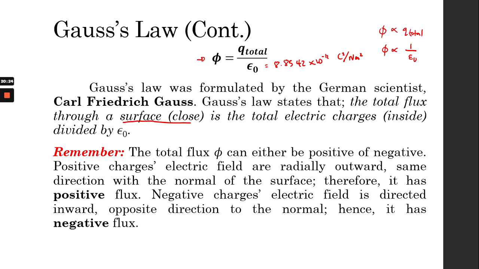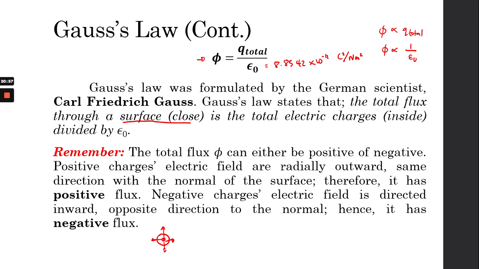Another thing that I need you guys to remember is the total flux can either be positive or negative depending on the sign of the charge that is found inside. Positive charges have an electric field that is always radially outward, which means if I'm going to draw that, if I have let's say a sphere, and inside the sphere I have a positive charge, I know that the electric flux should be going outside of that sphere.